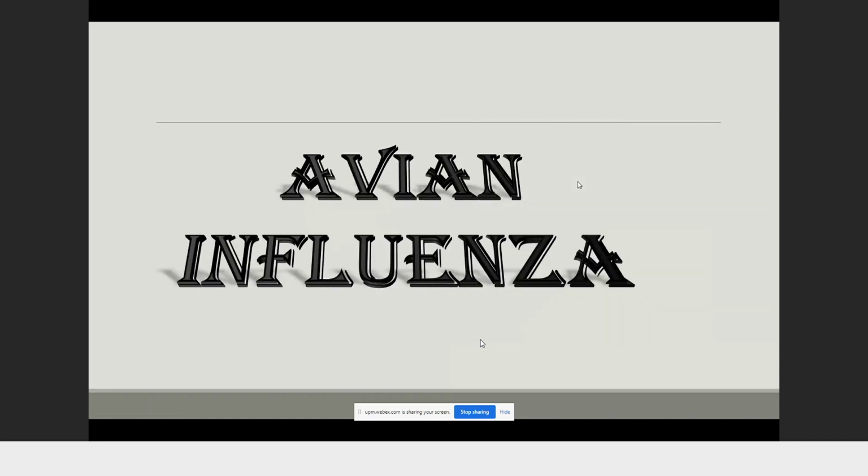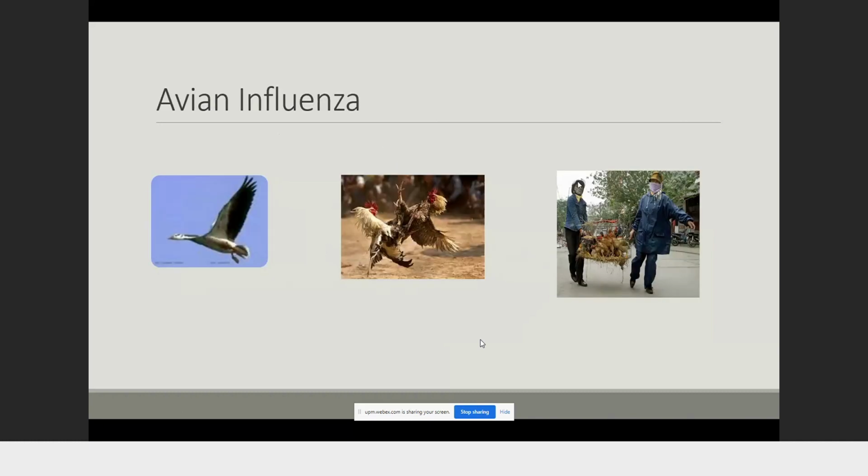Okay, so now I will move on to avian influenza. Basically, how does avian influenza originate, or what is the main cause of avian influenza outbreaks? Previously we only thought that avian influenza was derived only from wild birds.